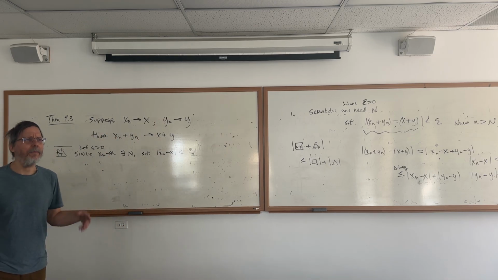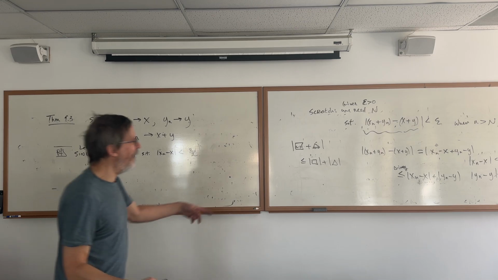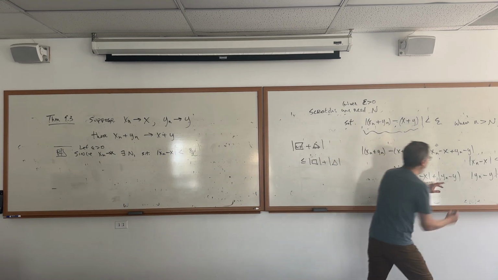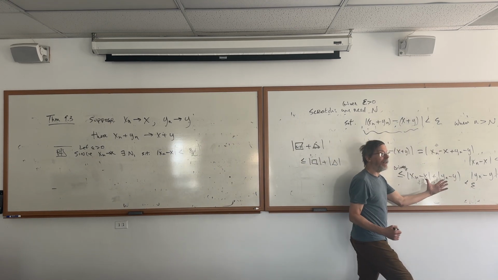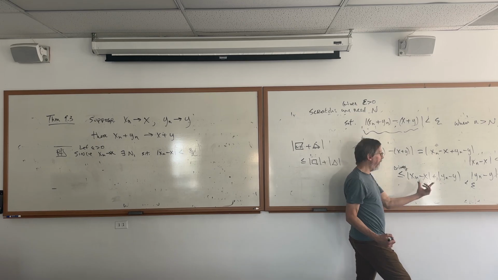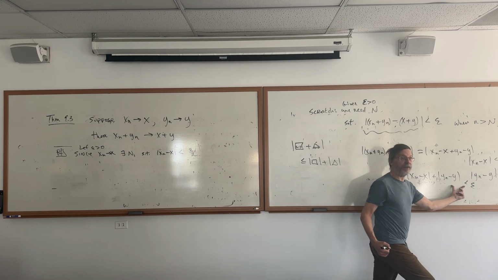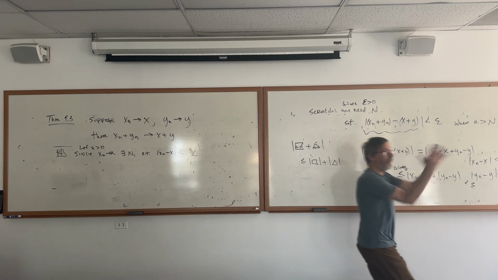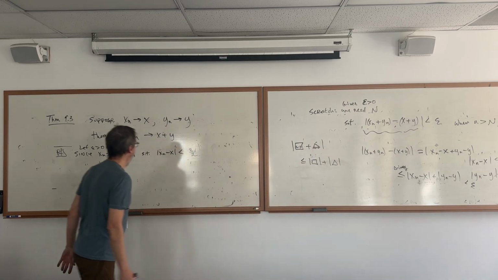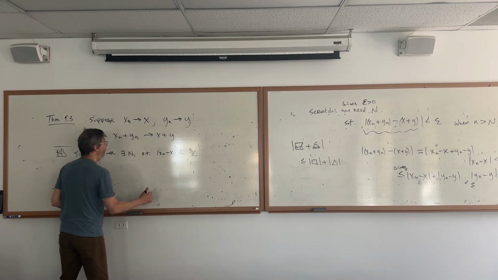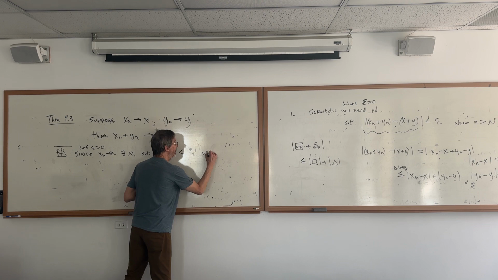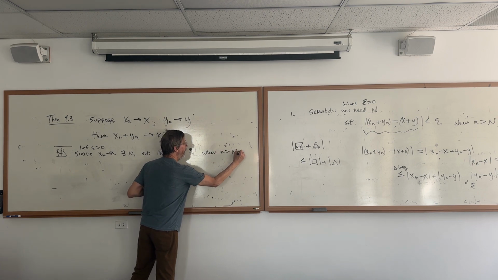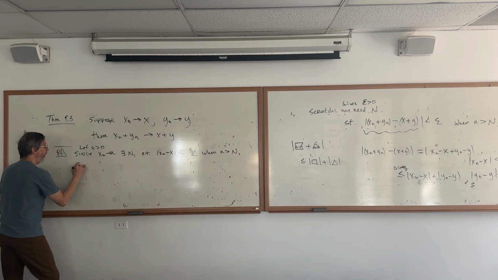It will not be the last time. I'm going to split the epsilon that I want this sum to be less than in half. I'm going to make this less than half of it and this less than half of it. And then the sum will be less than the whole thing, when little n is bigger than N1.